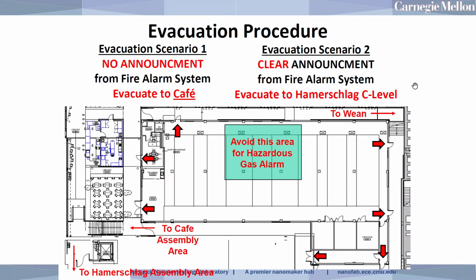There's Wien Hall, of course. There's the ANSYS building exit, which is where you'll end up if you take this exit. And it's not shown here in the diagram, but there is another exit into Hammerschlag, right here on this wall.